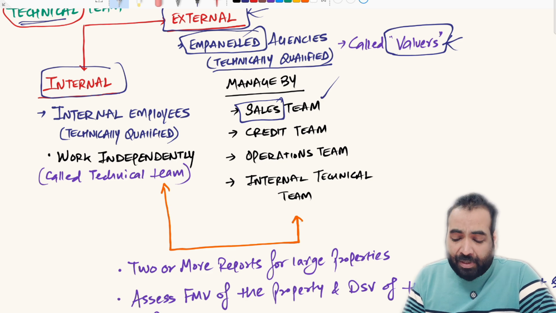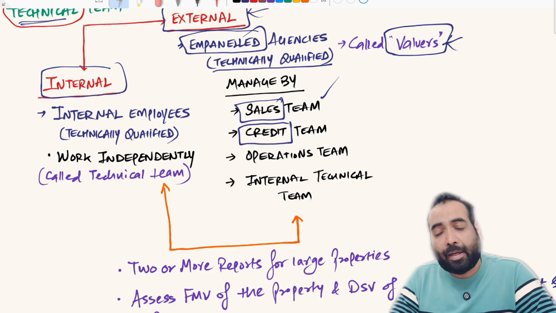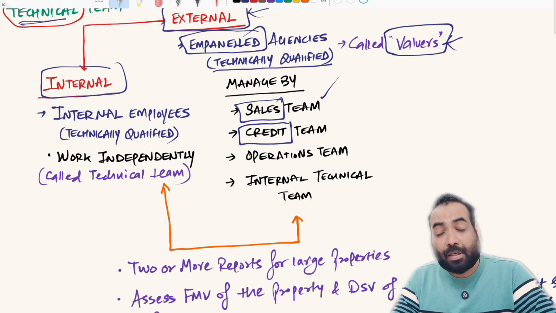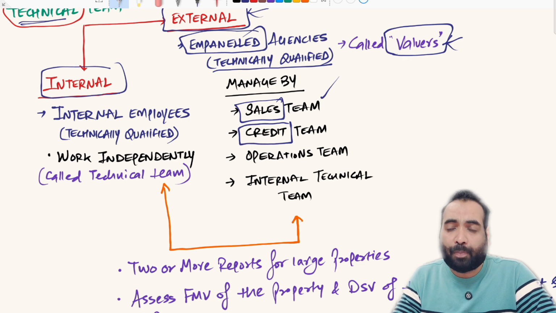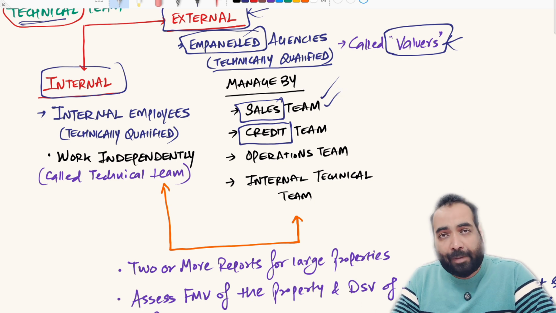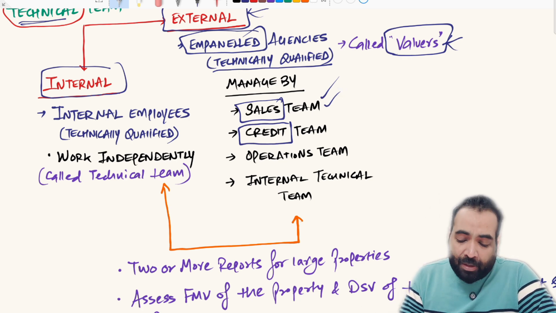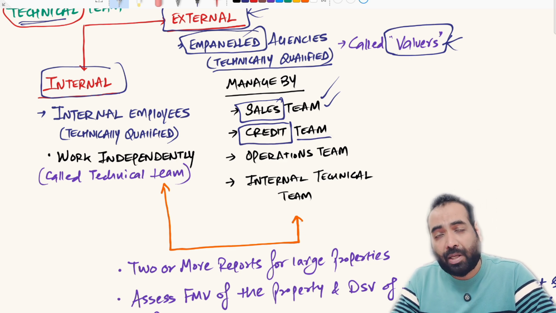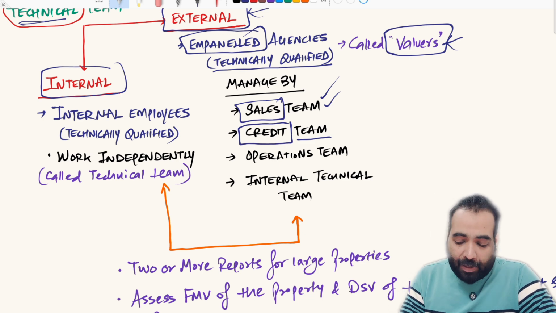Now in modern times, this task has started to be given to the credit team, because they are considered more focused on policies and compliance with policies and processes, rather than the sales team, for obvious reasons. So in some banks or NBFCs, the credit team standalone handles the external agencies on their own, like the one we studied in the first part.